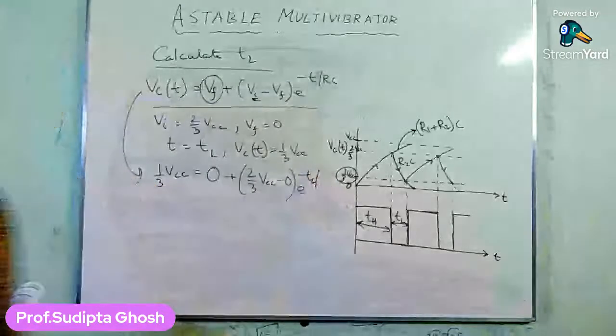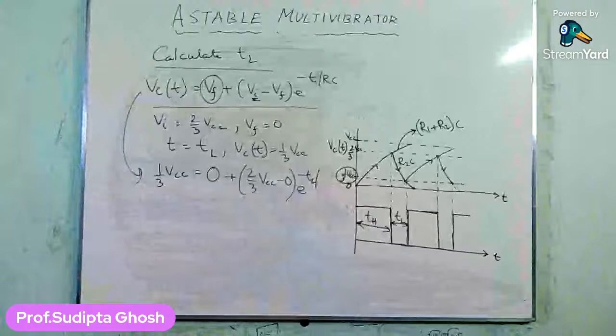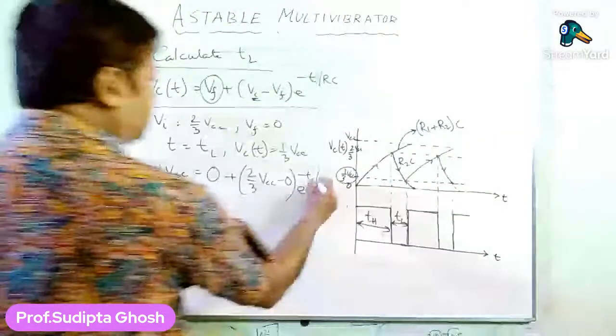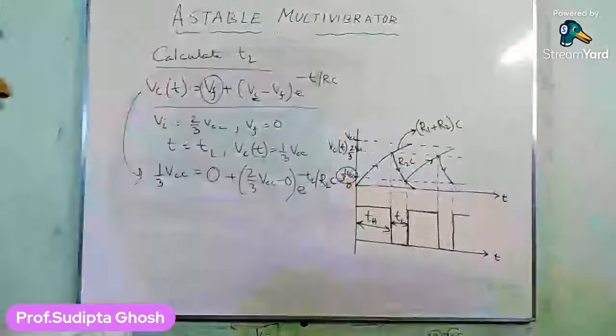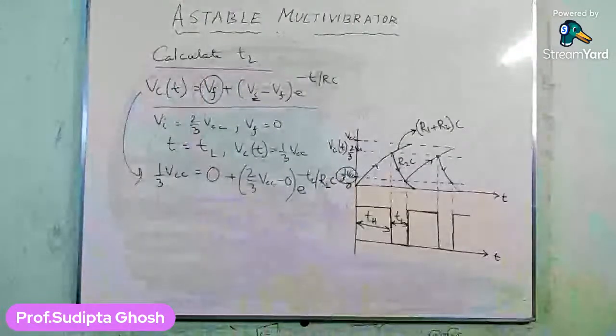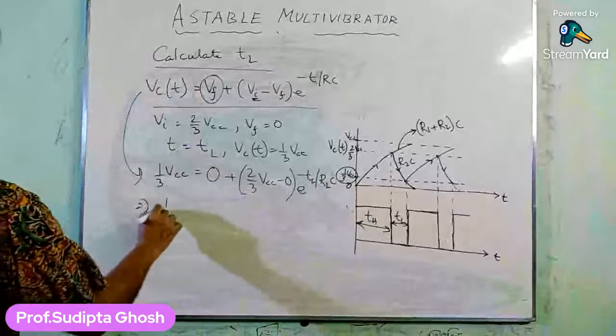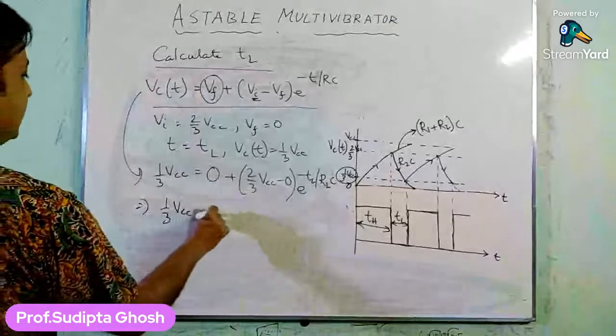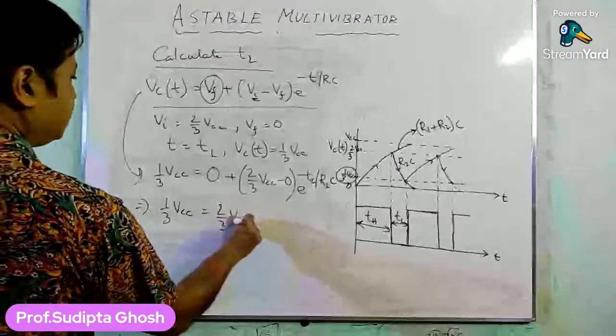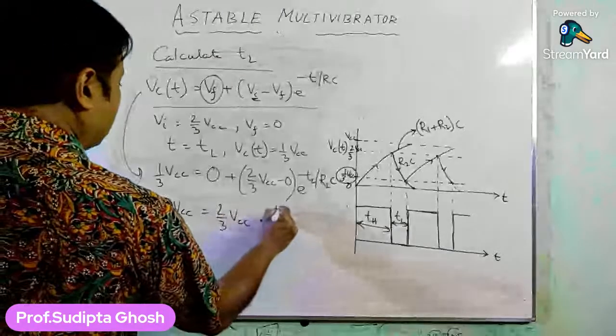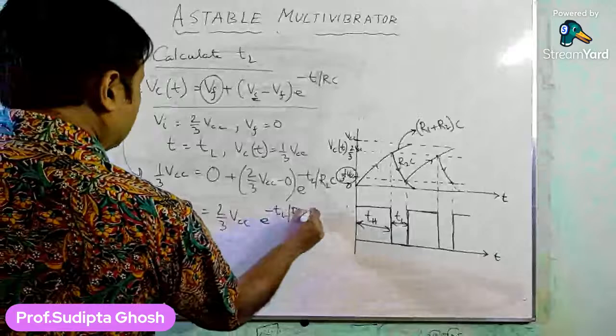The discharging time constant, as we all know now, is R2 into C. Simplifying, 1/3 VCC equals 2/3 of VCC into e to the power minus TL by R2C.